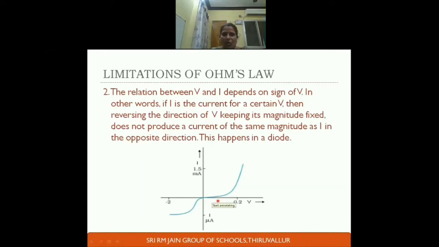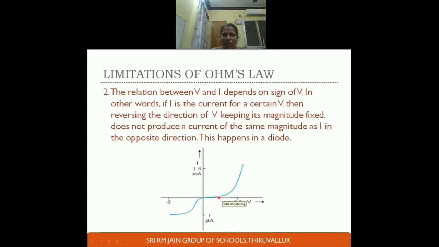Initially we are increasing the voltage, but the current is not at all increasing.